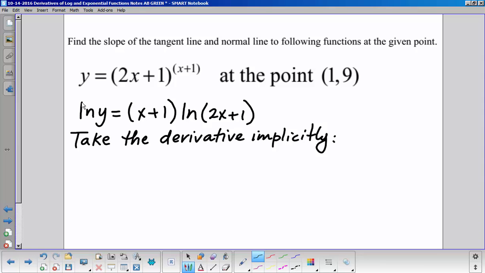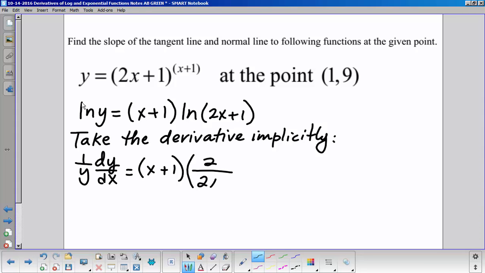So then you get 1 over y times dy/dx equals first, x plus 1 times second, which is 2 over 2x plus 1, plus natural log of 2x plus 1 times 1. Very nice.